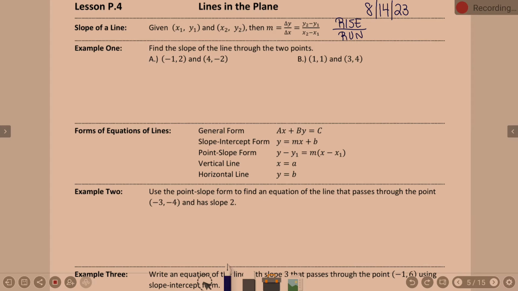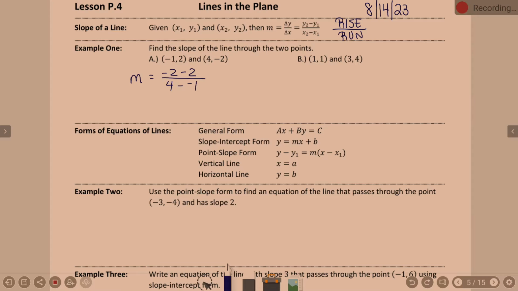Okay, let's find a couple of quick slopes. If you're just given ordered pairs, -1, 2, and 4, -2, how am I finding slope? Here's my help. M equals -2 minus 2 over 4 minus negative... Okay, does that work?